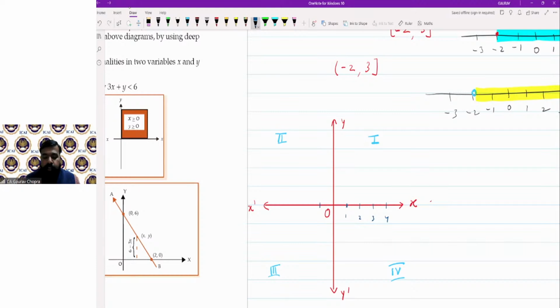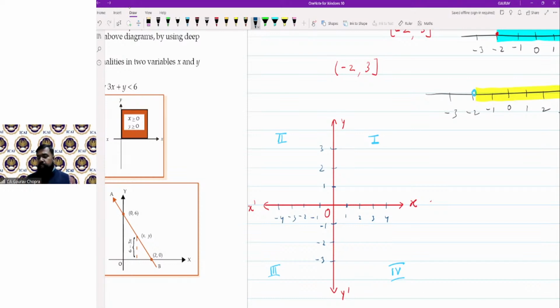On the other side, it will be negative -1, -2, -3, -4. Now on the y-axis, this is the positive side 1, 2, 3, and so on. Downside it is negative -1, -2, -3, and so on. So in this way, we prepare the graph.